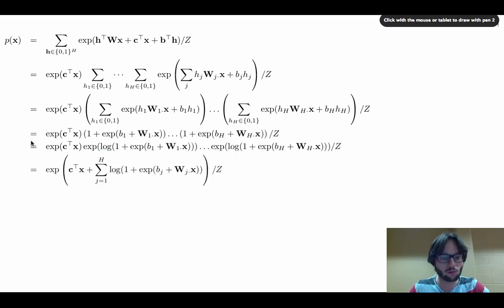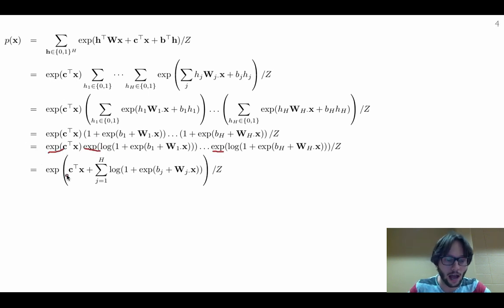This allows me to write the product of all of these exponentials as a single exponential where I'm summing the terms inside the exponentials. So I'm summing the bias term, and then I'm summing all of the logs of 1 plus the exponential of the linear transformations of x for each hidden unit, which I'm finding now here.